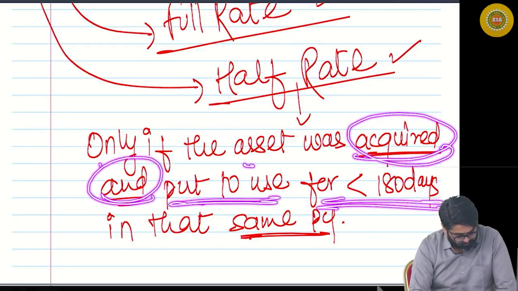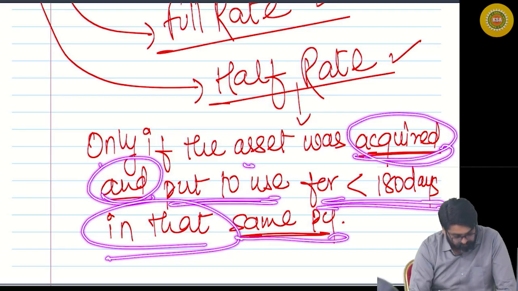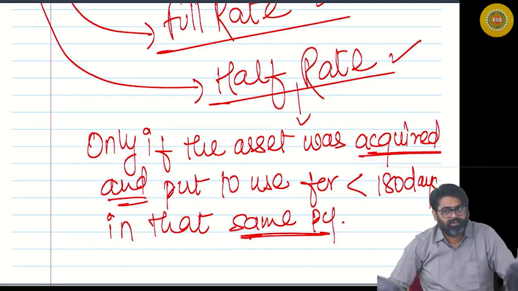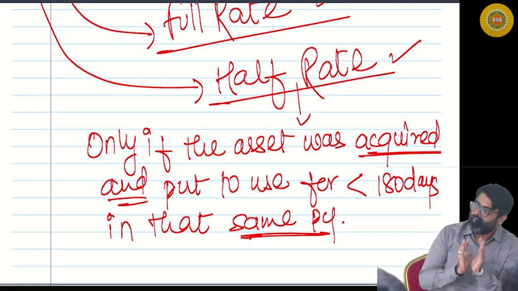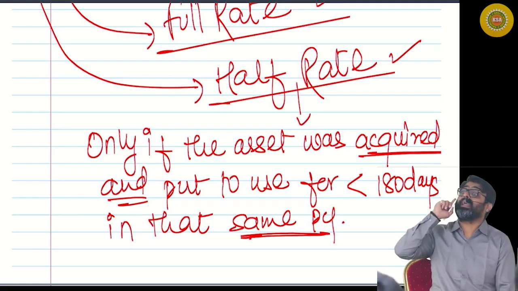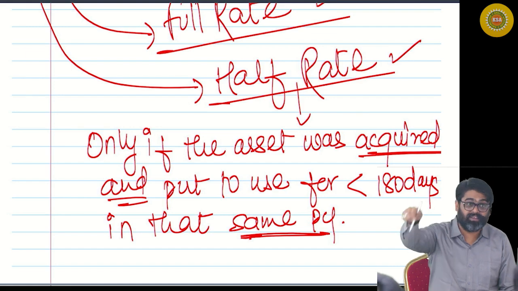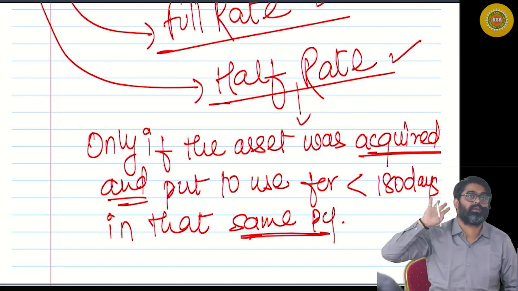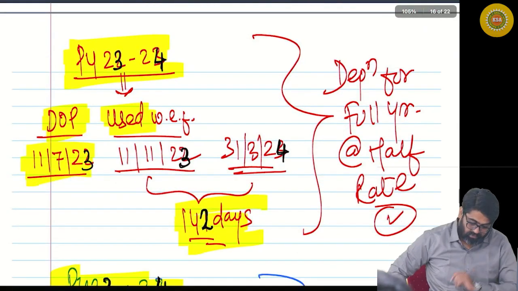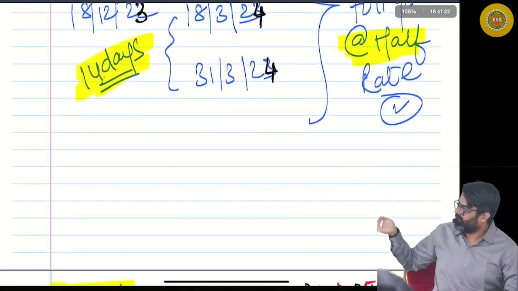So the restriction of half rate is applicable only in that previous year in which the asset is acquired. Getting my point? I have already explained all these examples.